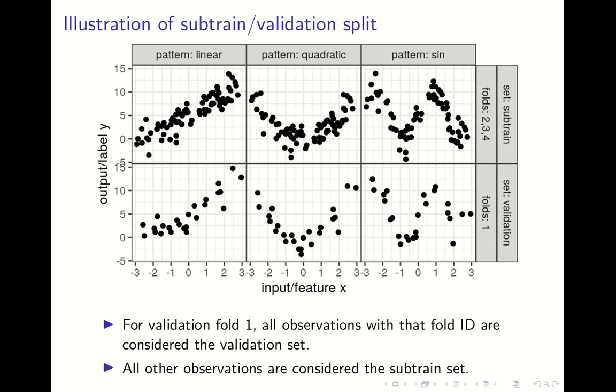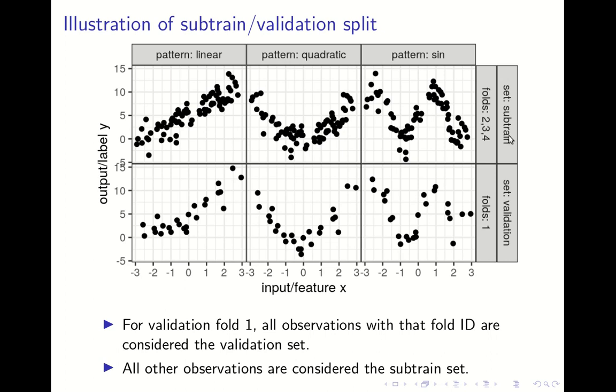In this figure, I'm showing you the same data sets, but here I've divided all of the data points which were fold 1 in the previous picture. I'm going to put them in the bottom half of the panels here, and then all of the other folds I put in the top half of the panel. So this is all the data points that were randomly assigned fold ID 2, 3, or 4. We call that the subtrain set.